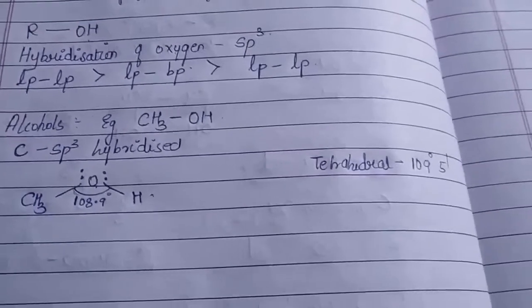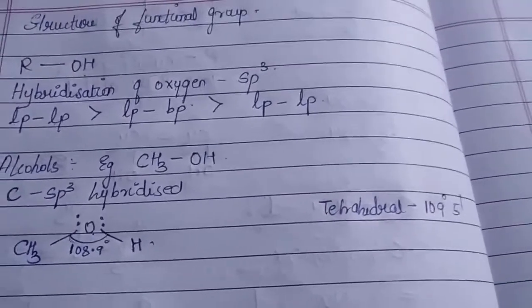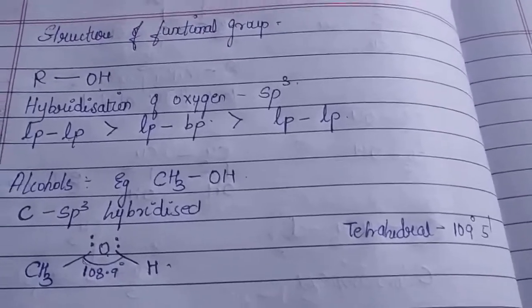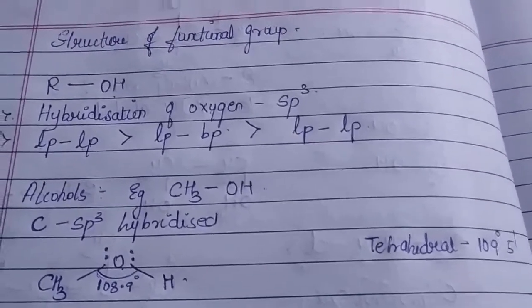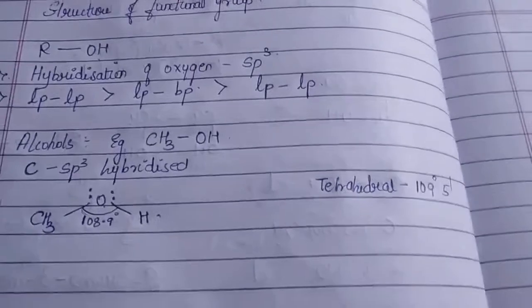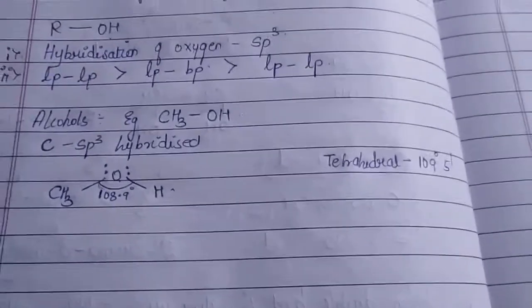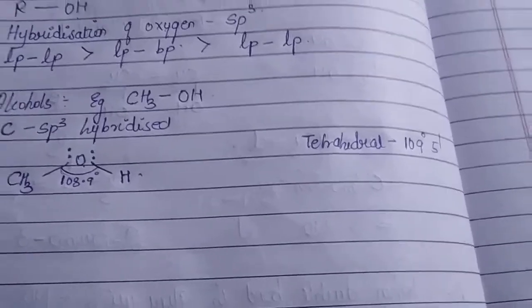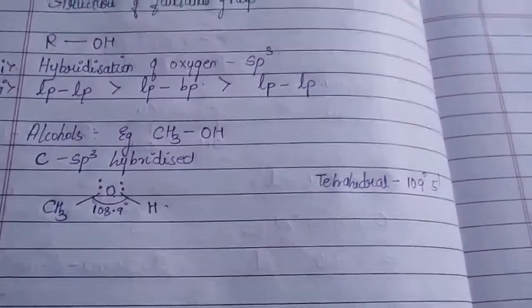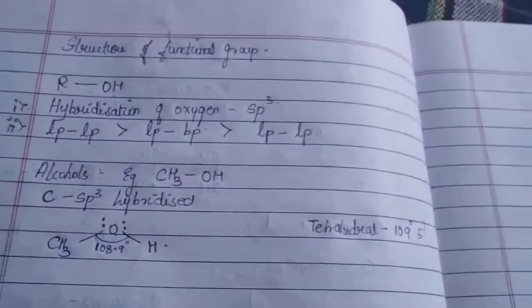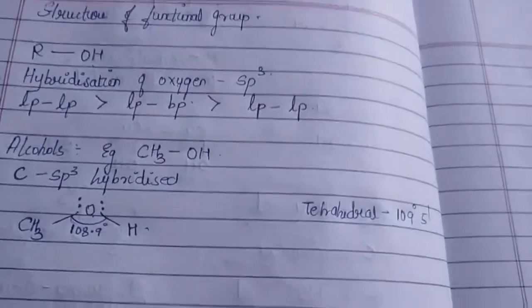You're saying repulsion, but when you're talking about repulsion, how can we say that the bond angle is reduced? I repeat my question. It may be a query for you. You can ask me, sir, when you're saying the bond angle is reduced, you're giving the explanation that due to the lone pair repulsion, the bond angle is reduced.